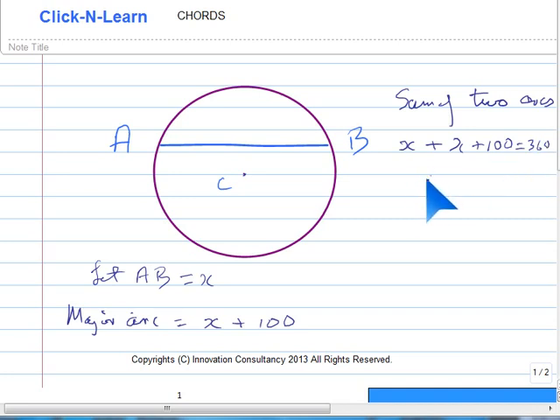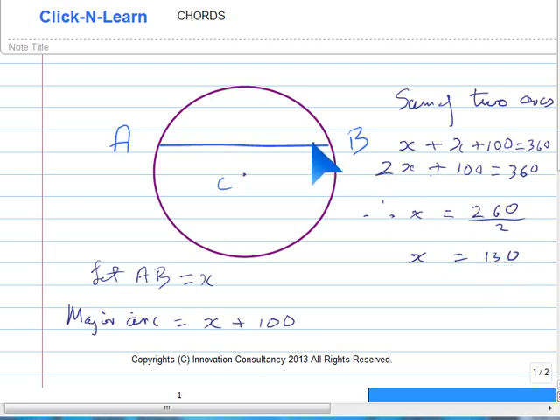So we have 2x plus 100 is equal to 360. Therefore, x will be equal to 360 minus 100, that's 260, divided by 2. x is therefore equal to 130.